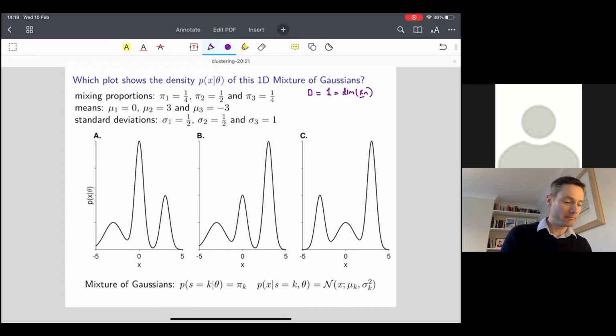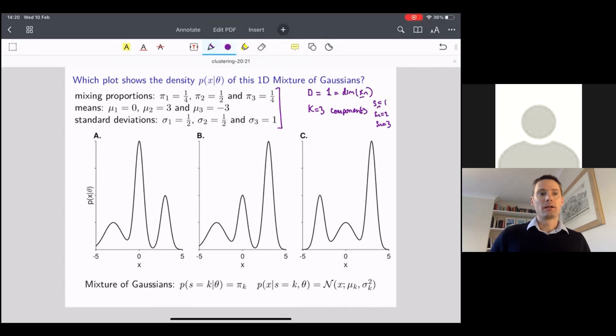And I'm going to specify a model in that case with K equals 3 components. So our underlying variable s can take one of 3 different values. It can be either Sn is equal to 1, Sn is equal to 2, or Sn is equal to 3, corresponding to 3 different clusters.